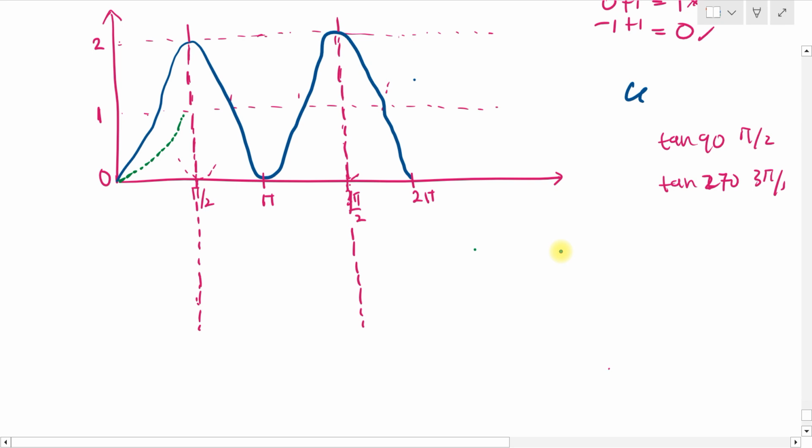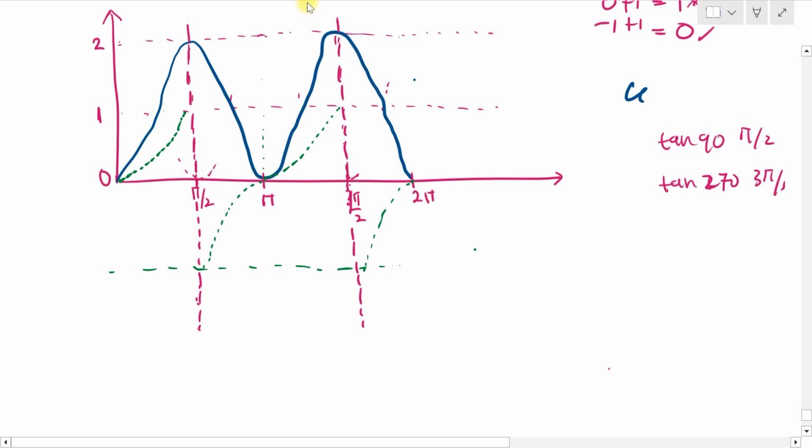You need to draw 1, this one pi, and then 1, 2, sorry, 3. And this is the normal tangent graph you will draw.